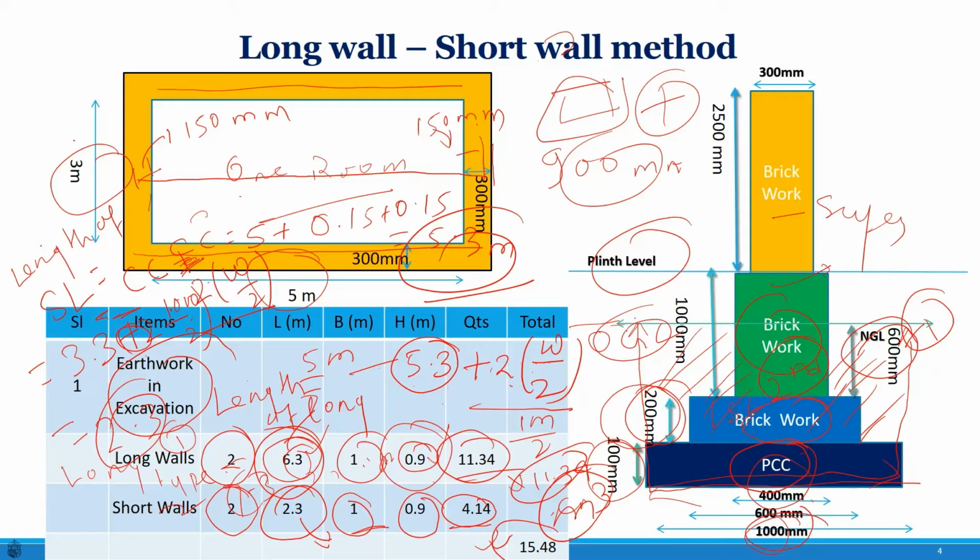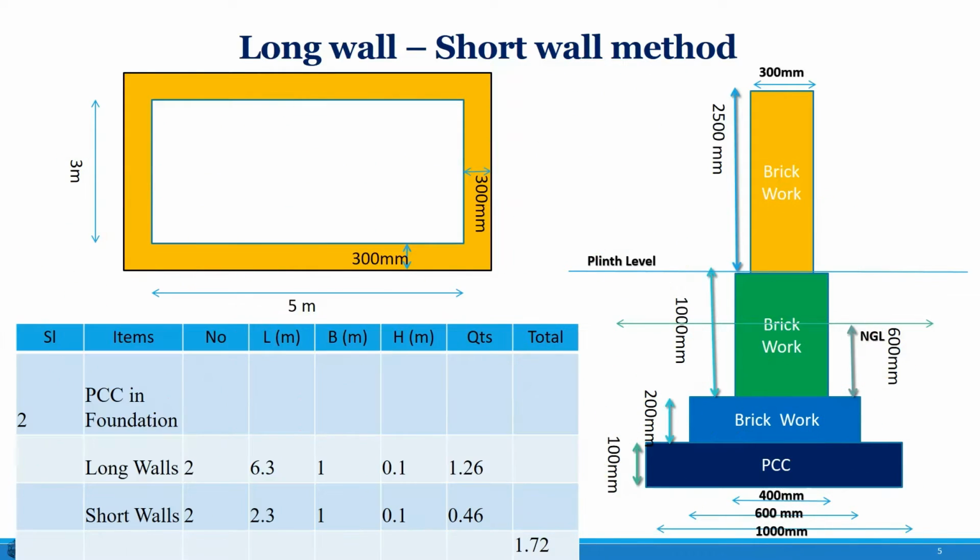If you have 3-4 rooms of different dimensions, and the same dimension room for 3-4, we can directly multiply the numbers. Let's see another quantity we want to calculate, which is PCC in foundation.